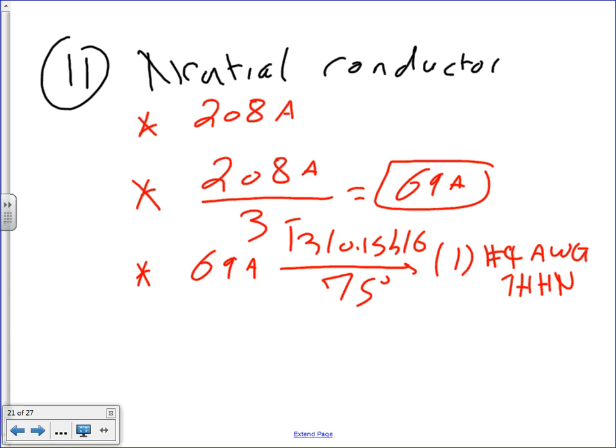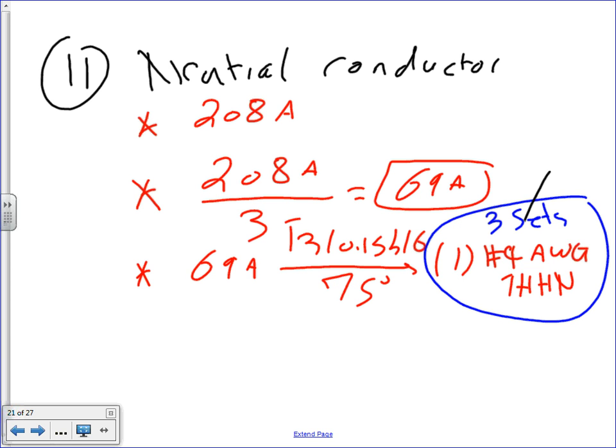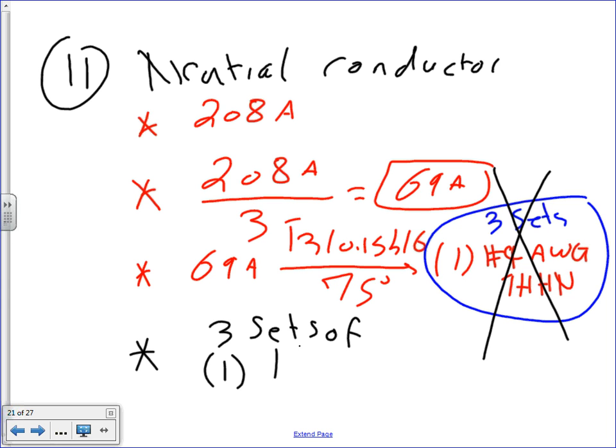THHN. But there's one little problem. Am I paralleling? Yes. Can you parallel less than number 1 odd? You can't parallel less than number 1 odd. So this will be 3 sets, of course. This should be your answer. But the problem is, because I'm paralleling, guys, you can't use this. So you have to go to 3 sets of 1 conductor, each of them 1 odd AWG.